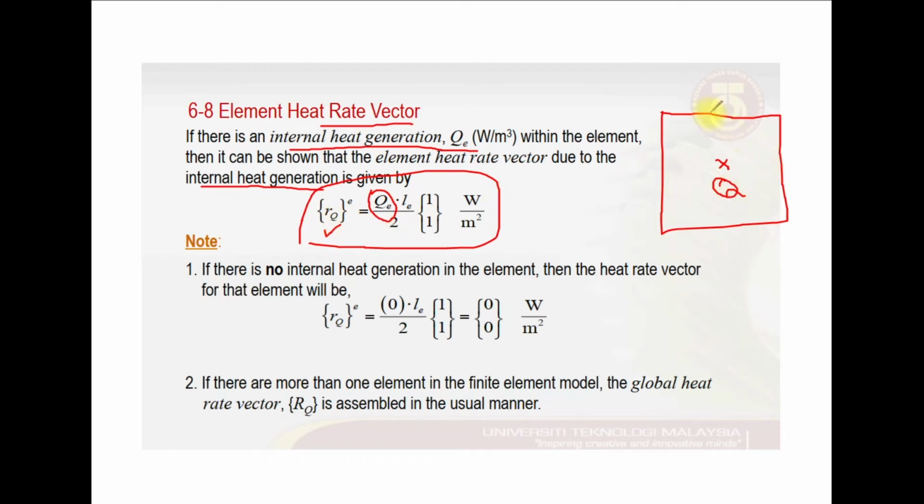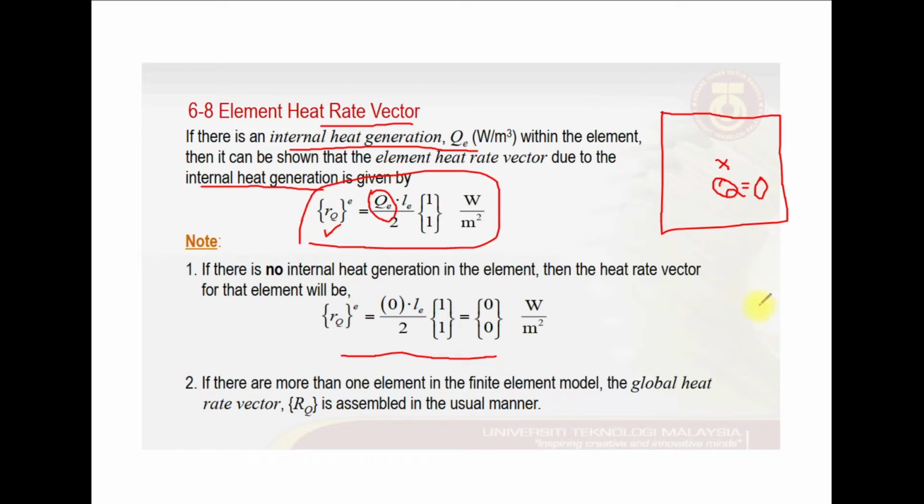If there is no internal heat generation occurring in my system, which means Q equals 0, then my heat rate vector will be 0 within the element that we consider.